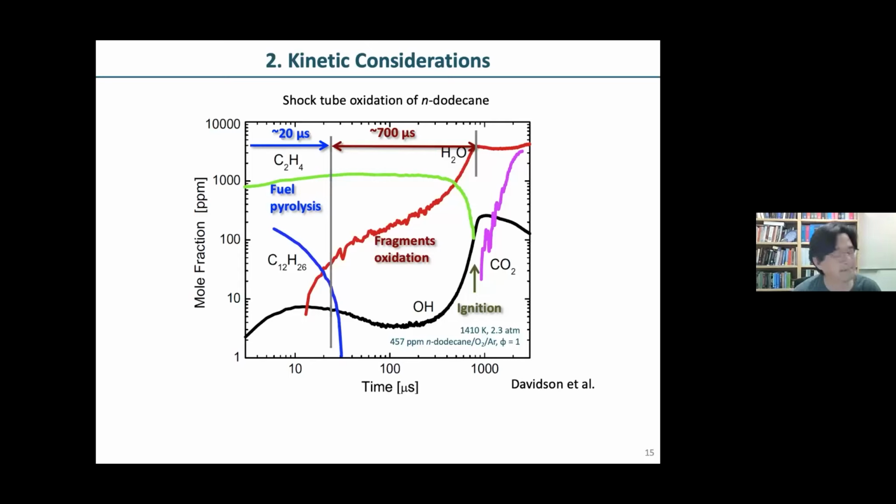Let me explain. When you get to NTC, your reaction time scales are no longer decoupled. Everything is meshed into one, and they're slow. That's why it's called NTC, correct?